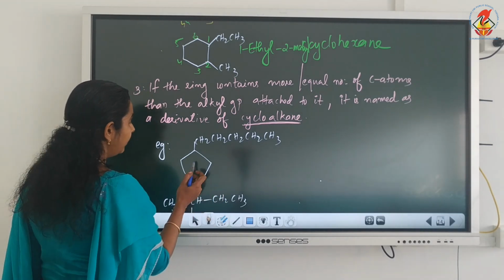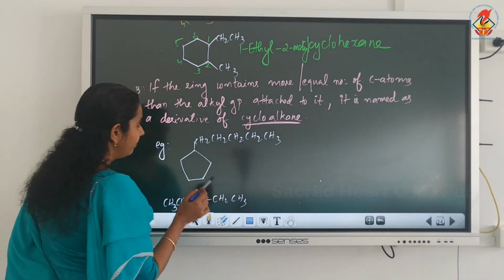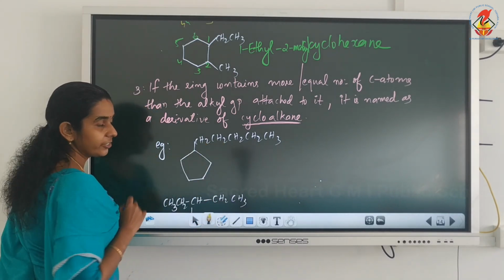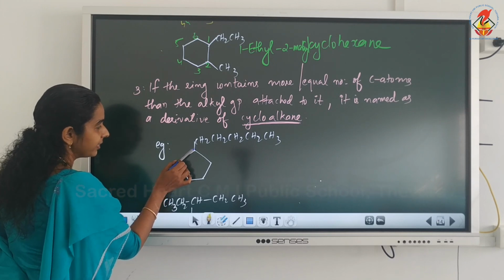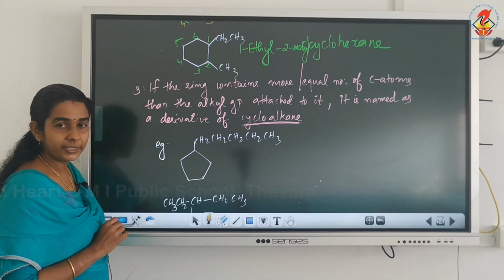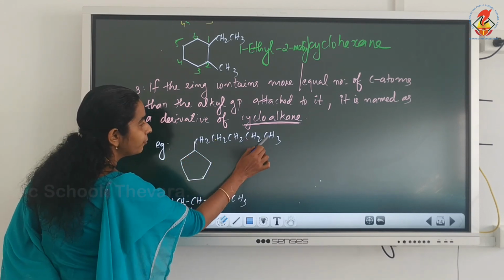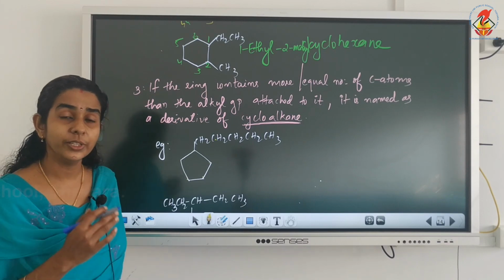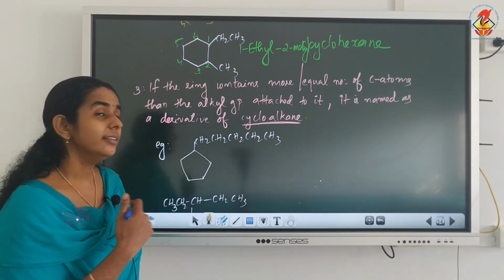So see the example. Here in this compound, we can see a ring with a branch. How many carbon atoms are present on the ring? 1, 2, 3, 4, 5 carbon atoms are present. In the side chain also 1, 2, 3, 4, 5 carbon atoms are present. So the ring has the same number of carbon atoms as the side chain.